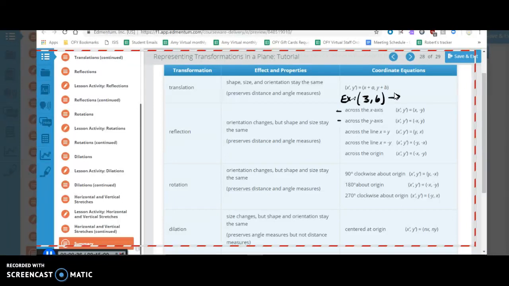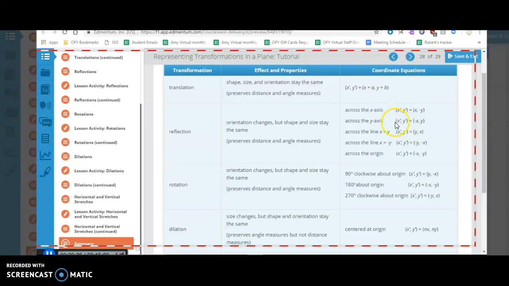If we want to reflect across the x-axis, the x just stays itself, so the 3 stays. And for the y, the sign changes, so 6 becomes negative 6. Another example, say we have (-4, -3). The x stays the same, so we have negative 4, and the negative 3 changes sign, so it's going to be positive 3.